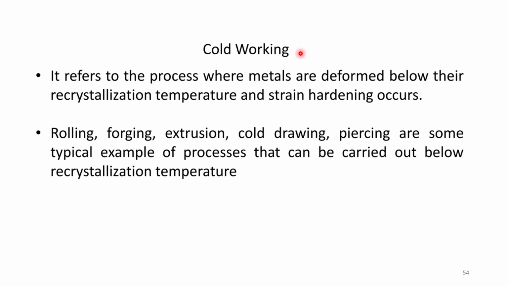Next is cold working. It refers to the process where metals are deformed below their recrystallization temperature and strain hardening occurs. If you're performing a metal working process below 0.3 times the melting temperature of the metal, so basically at room temperatures, then it won't undergo any recrystallization, and your material gets strain hardened.